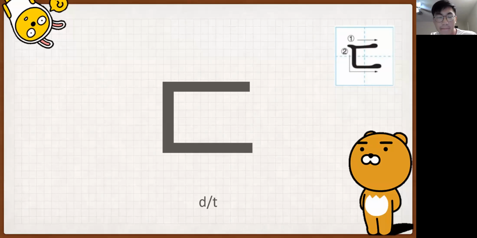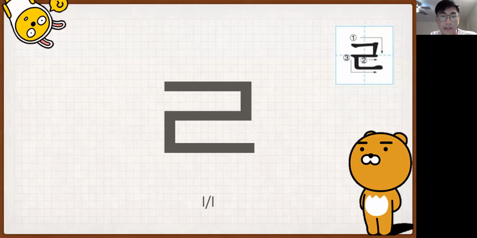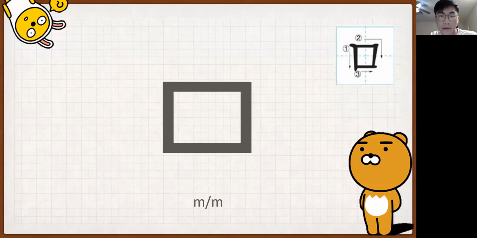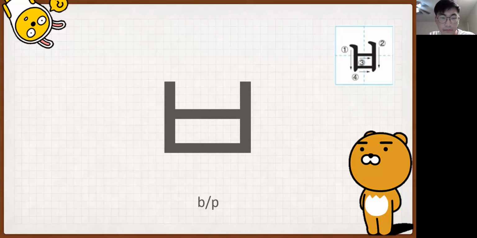The ending is like a soft T. And this one is 리을. This one is 미음. This one is 비읍. It's a B sound. It sounds similar to 피읍. Okay, this is 비읍.